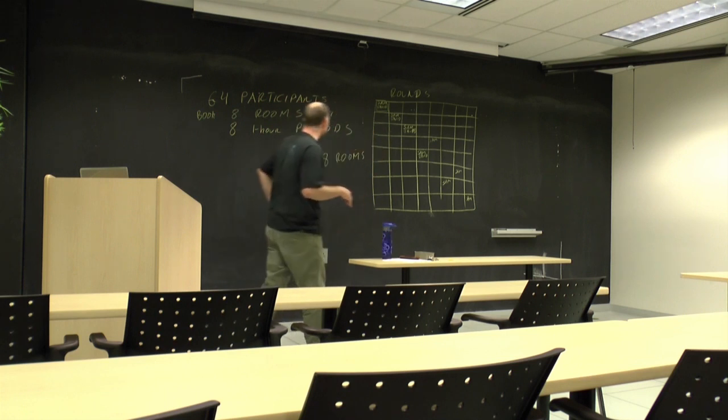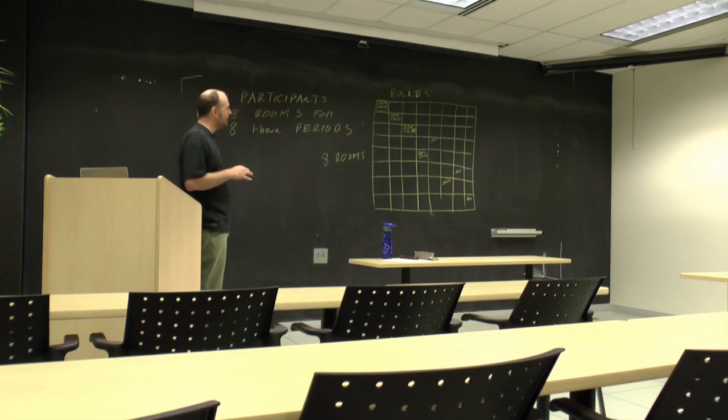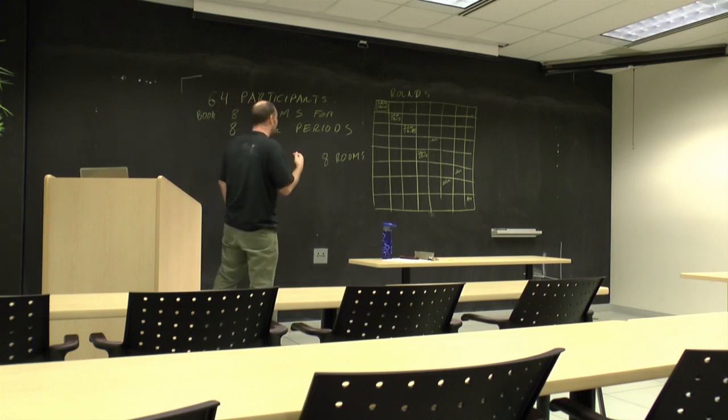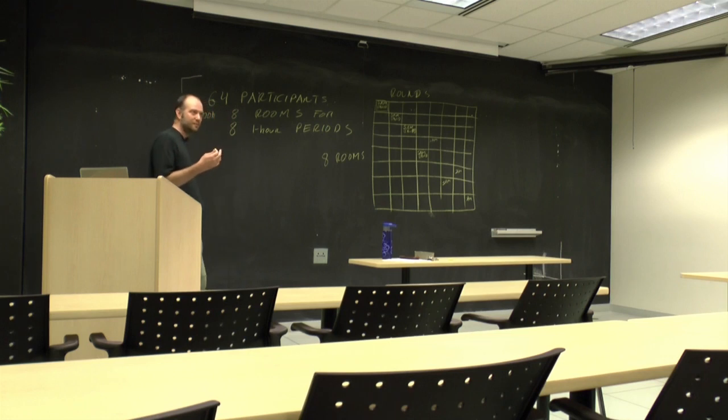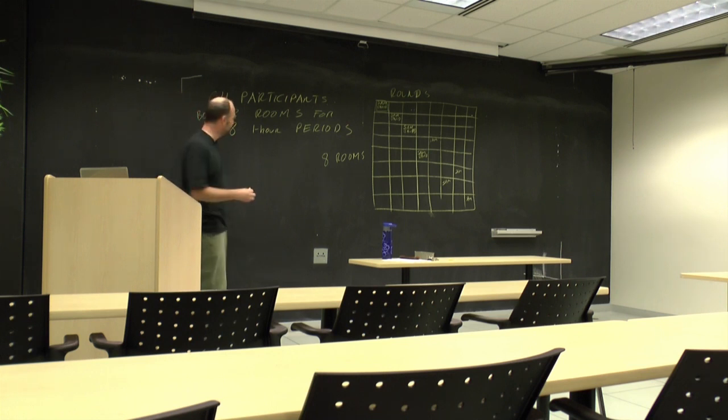Now, we should, at the beginning, try to get a sense of how well we can expect to do. So how many pairs are there? You can just say 64 choose 2. Yeah, 64 choose 2.